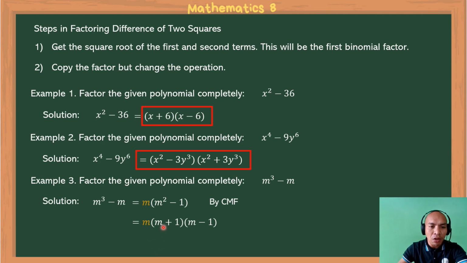We just copy the common monomial factor that is included in the factors. The square root of m squared is m. The square root of 1 is 1. You just copy these terms to the other quantity, but change the sign to minus. Therefore, this is now the completely factored answer of this expression.